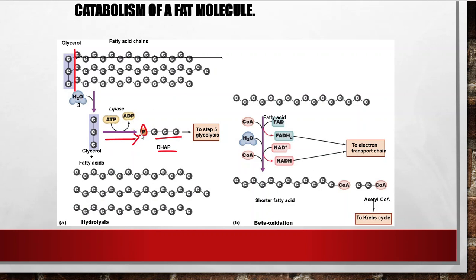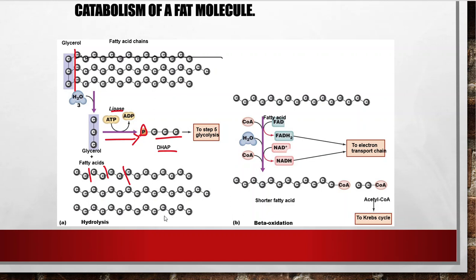And looky there, there's a phosphate, because lipase has used ATP, or used the energy, to phosphorylate this, so that we can actually send it right on in. These fatty acids are easy to break up into 2 carbon chunks, and you can feed them right into that.